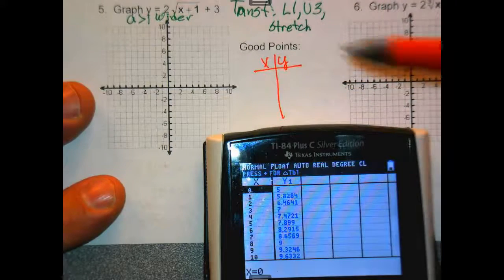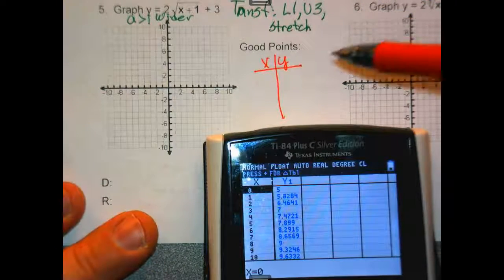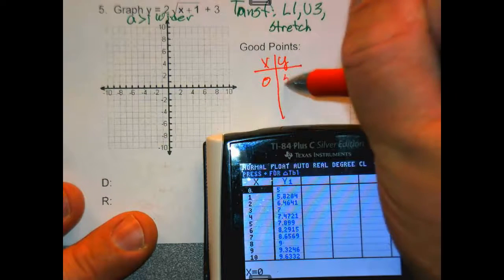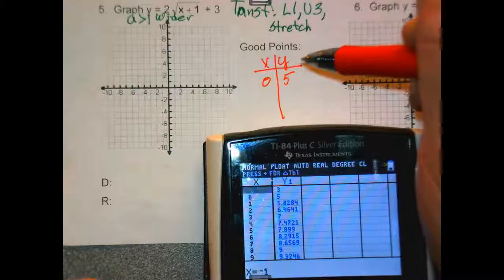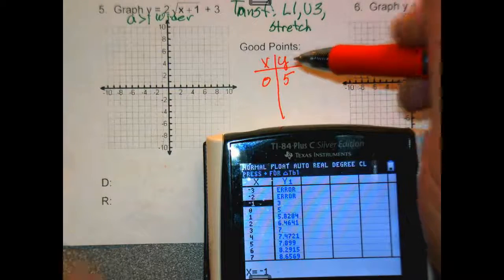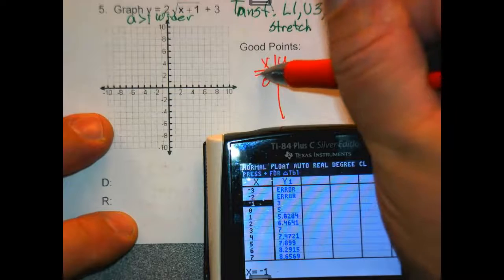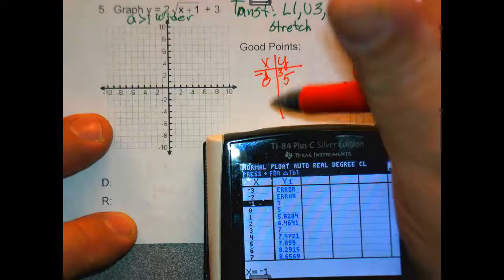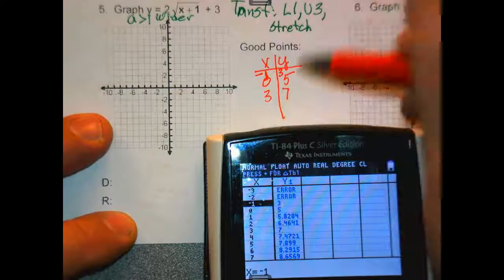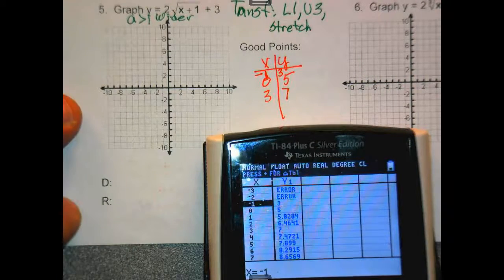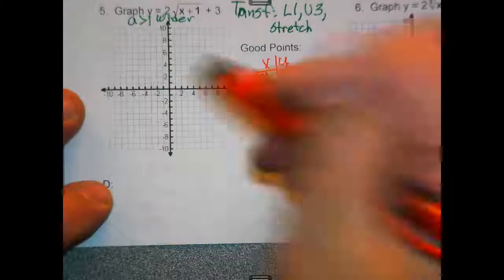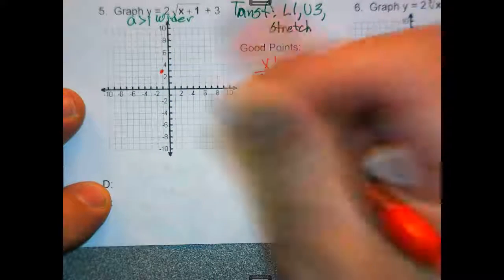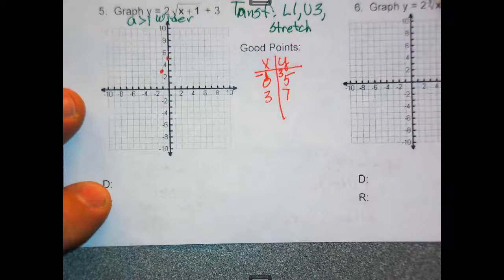This one I only need 3 points because it's a square root. 0, 5. Looks good. That should be my starting point. Oh, no, it's not. Negative 1, 3 is my starting point. 0, 5, 3, 7. There's my 3 points. So negative 1, 3, 0, 5, and 3, 7.